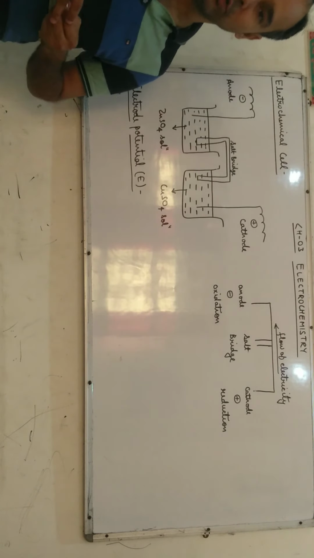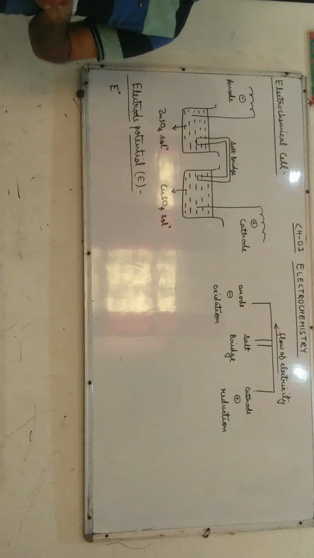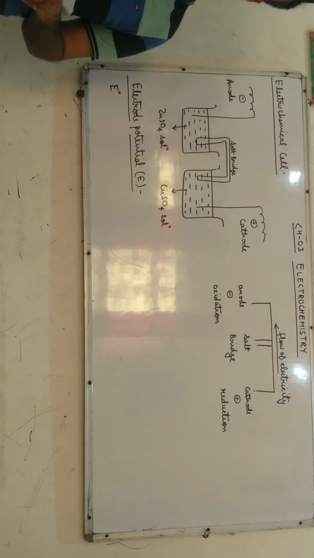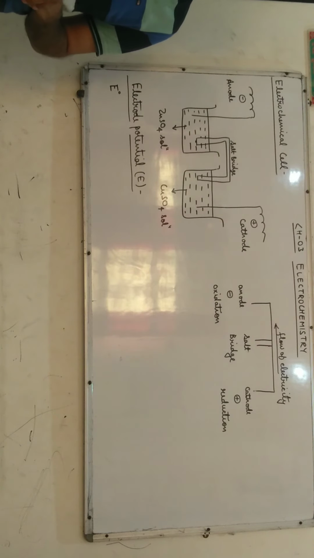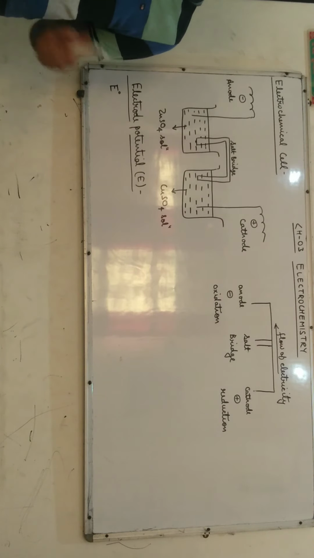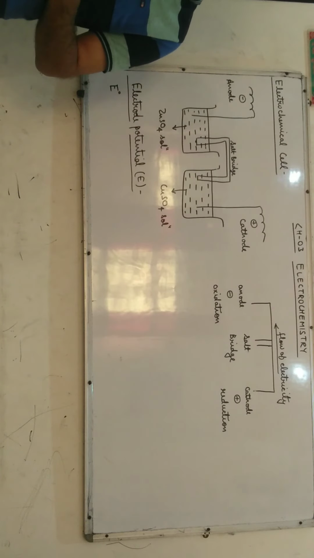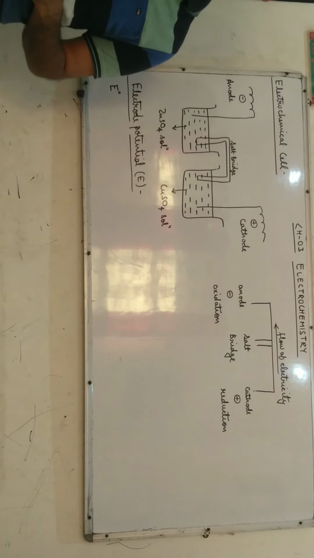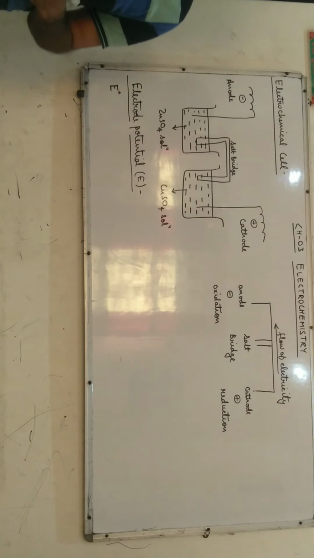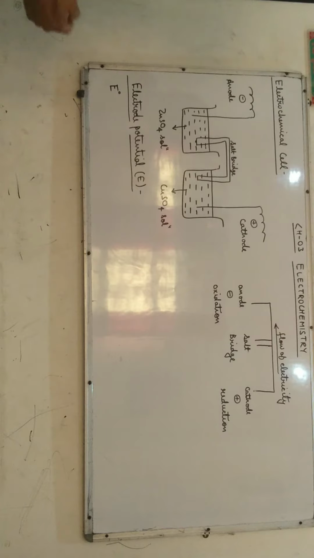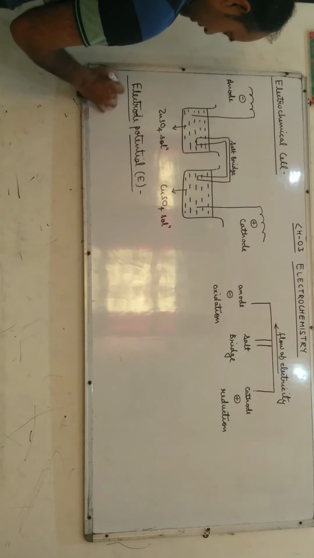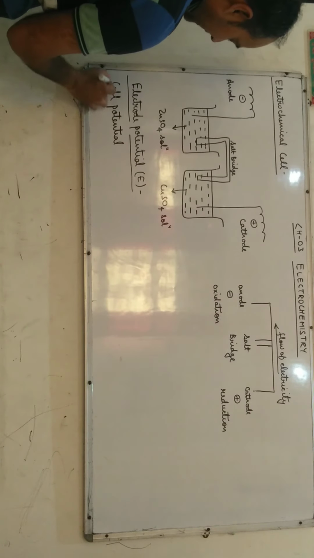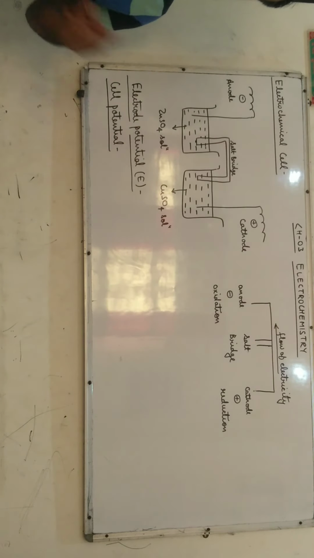It should be noted the absolute value of electrode potential cannot be determined because oxidation half reaction and reduction half reaction cannot take place alone. Therefore, a special reference electrode is used, called standard hydrogen electrode or normal hydrogen electrode. Its value is 0.0 volts. Now, let us discuss cell potential. Cell potential is defined as the potential difference developed between two electrodes.